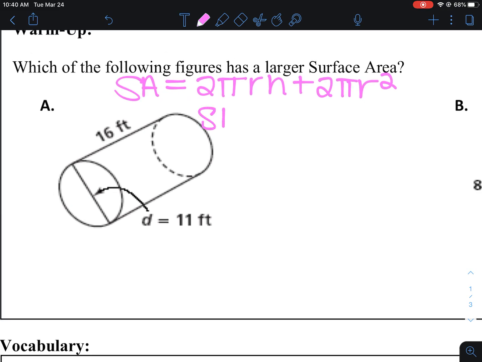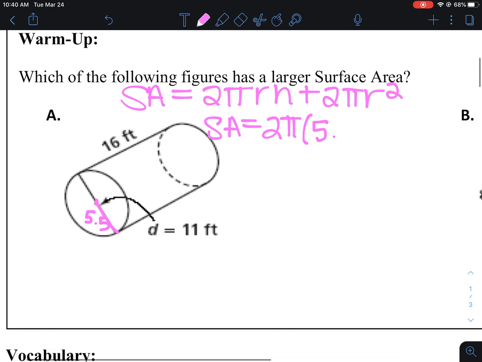So 2 pi, the radius now, this says the diameter is 11, right? So the radius would be 5.5. So 5.5. The height, remember, from base to base, the height of the cylinder is 16.